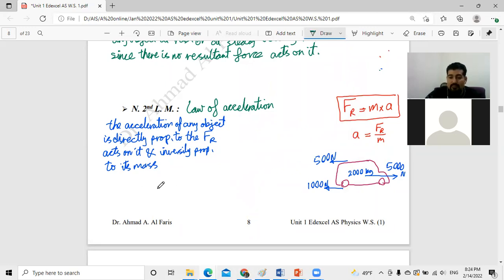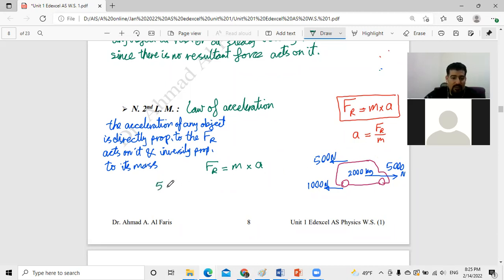Tell me. The resultant force equals mass multiplied by what? Acceleration. So how much is the resultant force? Excellent. The resultant force is the forces forward minus the forces backward.